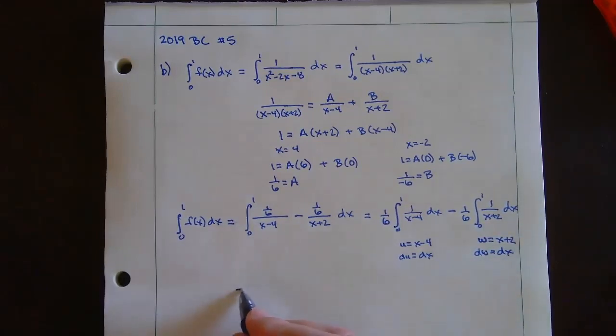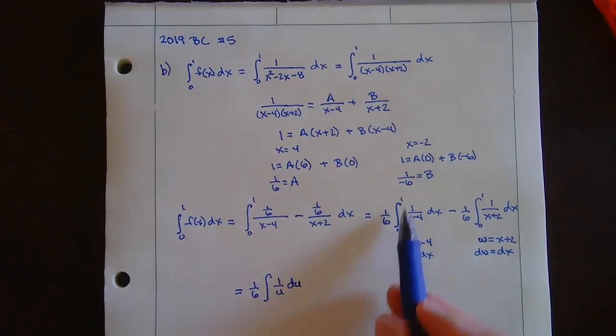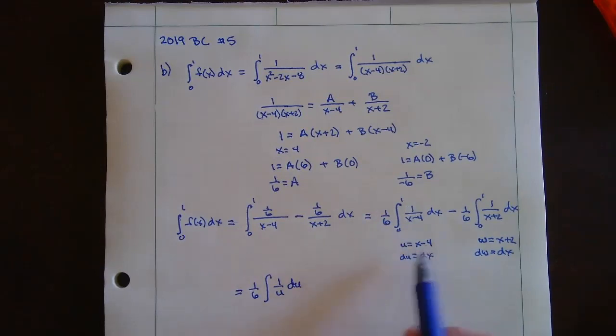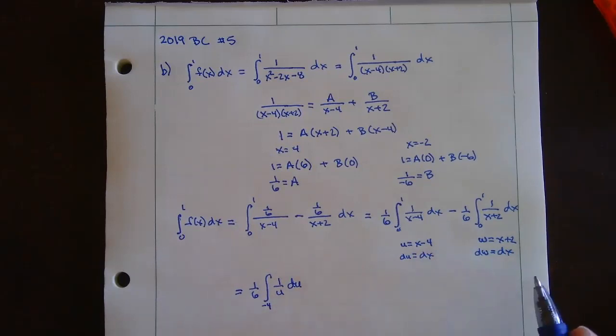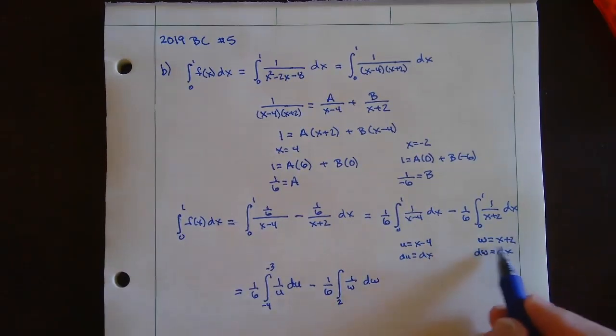So that means this becomes 1/6 the integral of 1 over u du, and I'm going to change these values to u values. So 0 minus 4 would be -4, and then 1 minus 4 would be -3, and then minus 1/6 the integral of 1 over w dw. And this becomes the integral from 2 to, putting 1 in here, that would be 3.